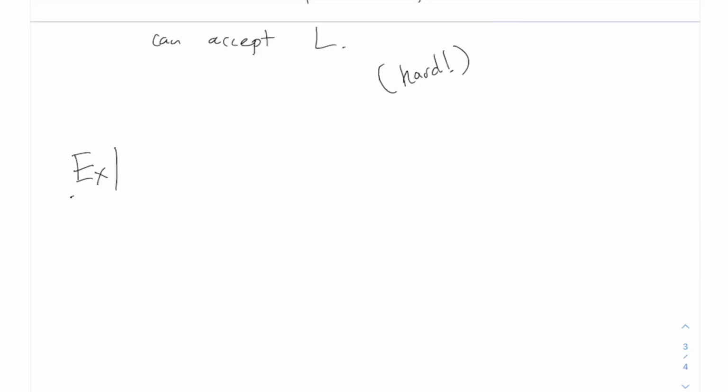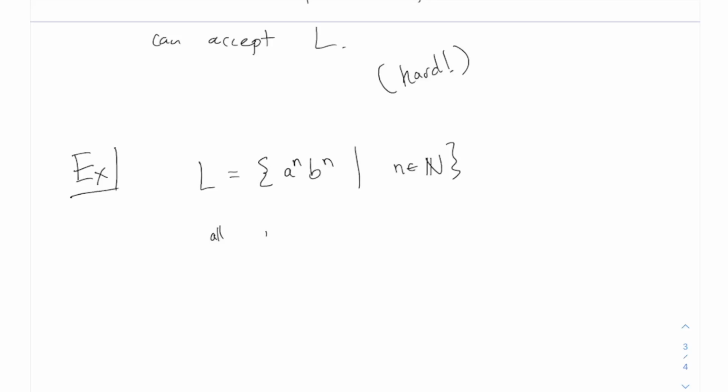Here is an example of a language which can never be the language of a DFA. It's this. All right. L = {a^n b^n}. We're going to see this example a lot because, like I said, this is the standard example, the simplest example of a non-regular language. What's important here is the n is the same both times.